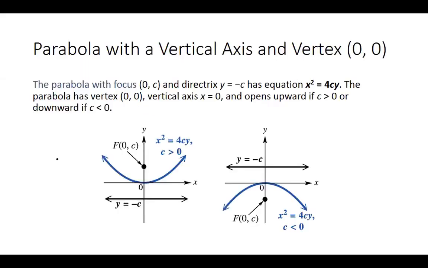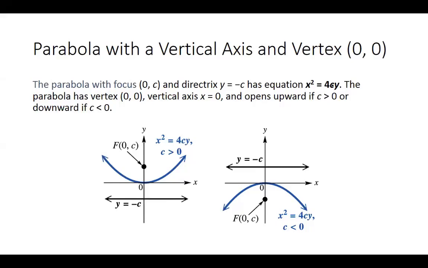The parabola with the focus at (0, c) and directrix y equal to minus c, like this example here, has an equation of x squared equals 4cy. This would be the next equation that you want to include in your summary sheet now.